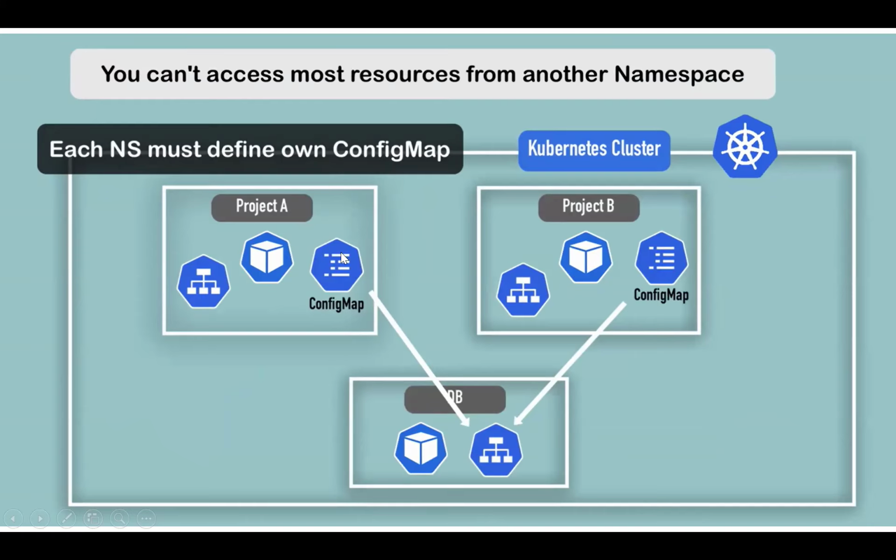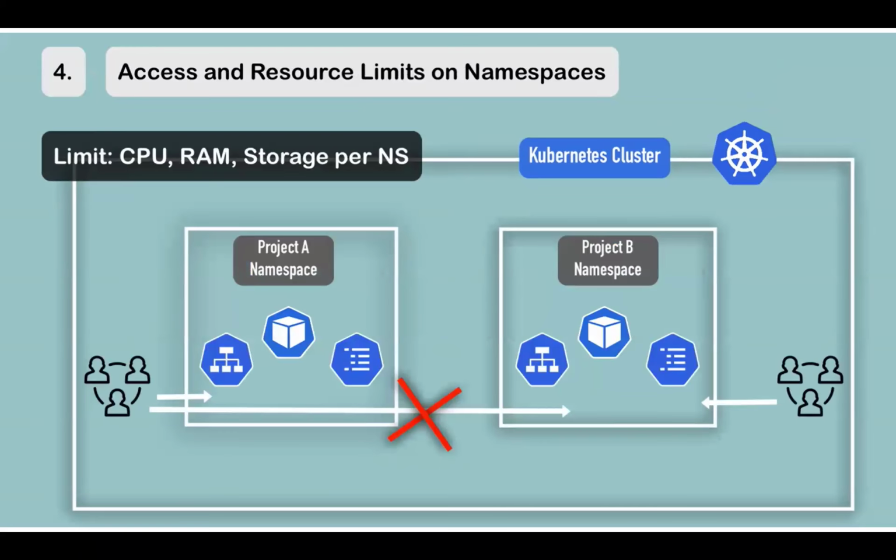I want this config map to use this database. These two config maps are different in project one and project two, but their database is single. In an organization, you will find a single database running different projects over it. So the single database should have access to different namespaces, or different namespaces should have access to this database. This we can also manage.